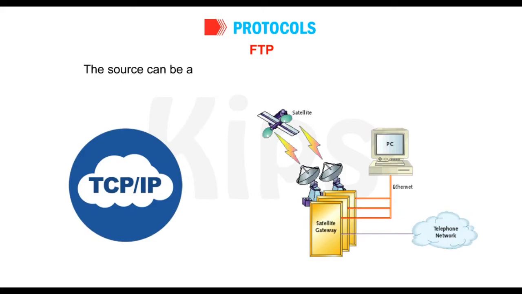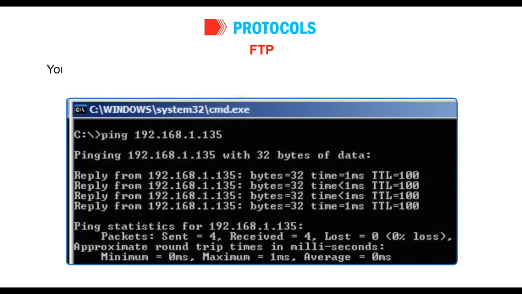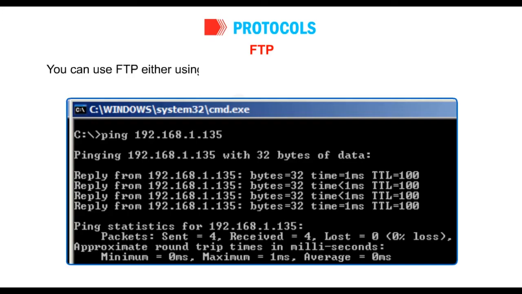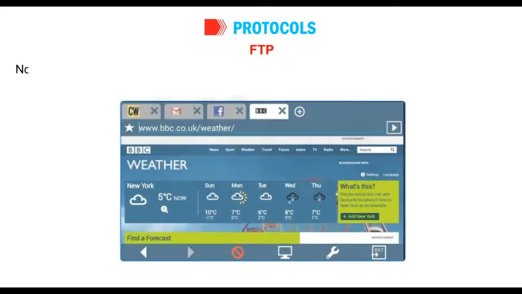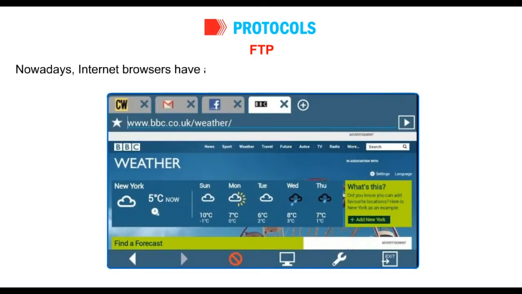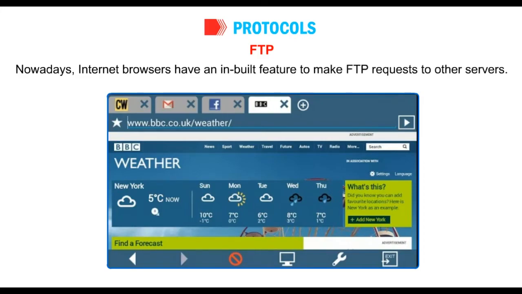The source can be a web server or a remote host over the Internet. You can use FTP either using a GUI-based FTP software or via MS-DOS prompt. Nowadays, Internet browsers have an inbuilt feature to make FTP requests to other servers.